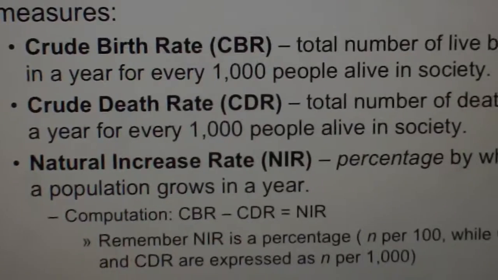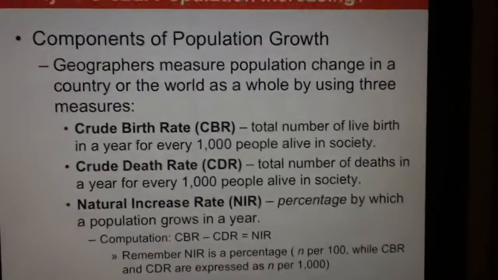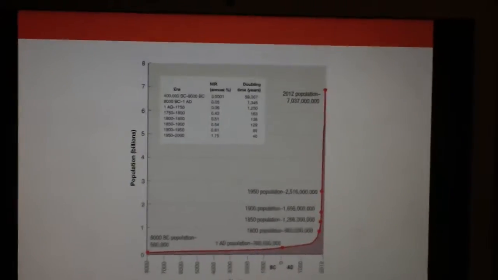It tells us the different eras and the natural increase rate. Sorry, let me zoom out again. And then the doubling time, which is the number of years it takes for the population to double. We see that the population in 2012 is 7,037,000,000.